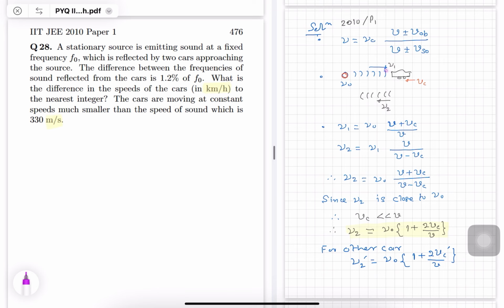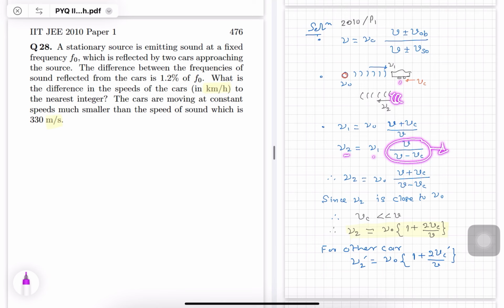Now this frequency which is received by the car will act as the original for this car, and it will reflect some other frequency, say nu2. The nu2 will be given as nu1 into this factor. Here this factor is selected assuming that now the car is behaving as a source.